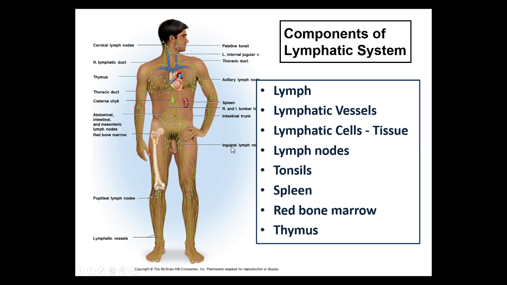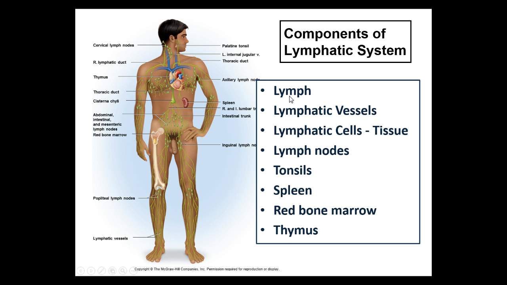So let's look at the overall components of the lymphatic system. Well, we have lymph, and again, as I may have said previously, not in this discussion, lymph is the fluid that was in the interstitial areas.